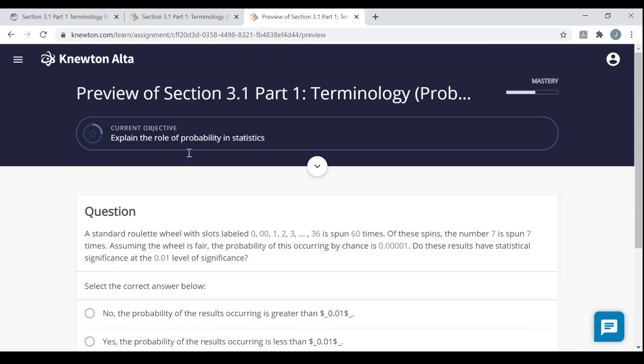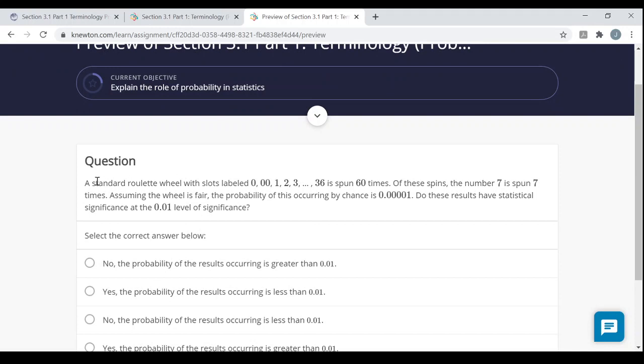Same objective here. The question is, a standard roulette wheel with slots labeled 0, the double 0, and 1 through 36, so there are 38 slots, is spun 60 times. Of these spins, the number 7 is spun 7 times.